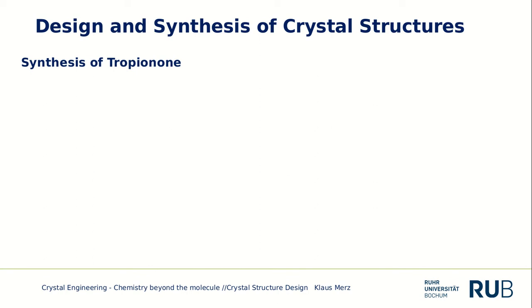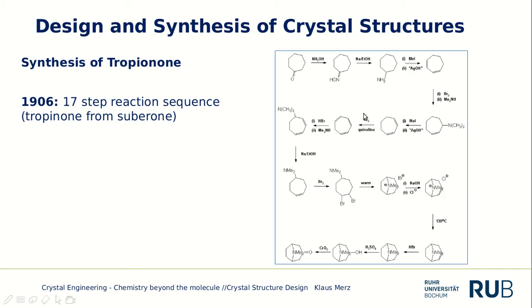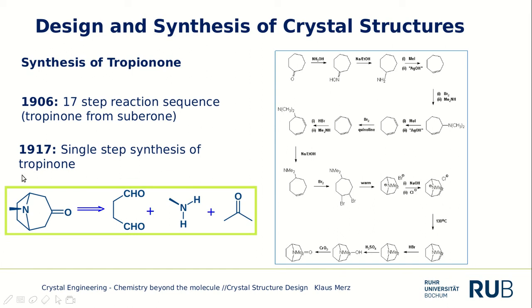Synthesis of tropinone. Well, if you look in the literature, you will find a synthesis protocol of about 17 steps. Here, if you're interested, here's the product. This was 1906. Around 10 years later, the scientists said, okay, have a look at the product and think about exactly what I said, so breaking into units, breaking the bonds and thinking about units.